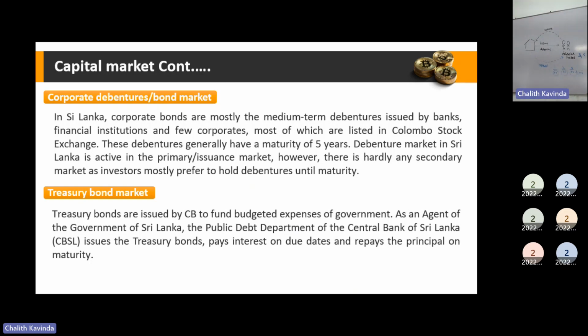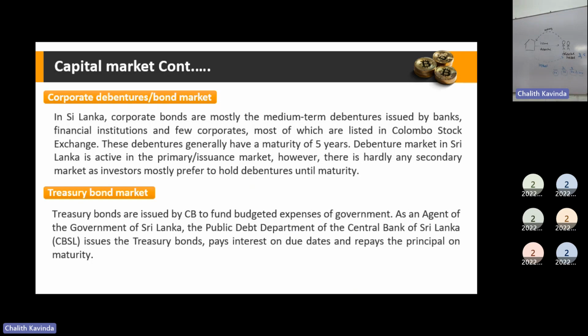On behalf of the government, the central bank issues treasury bills. So what are treasury bonds? Long-term. If the government needs long-term funding requirements, on behalf of the government, the public debt department of the central bank issues treasury bonds. That is for a longer-term period, 2, 10, 30 years, something like that. We call them risk-free securities.